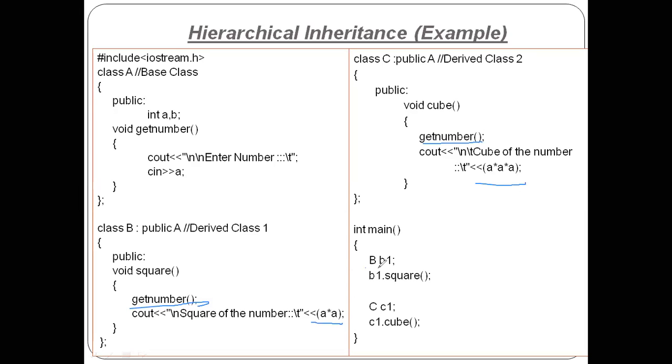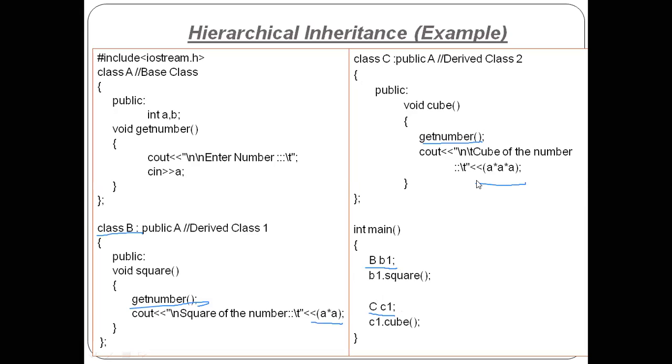First of all, we are going to create the object of the first derived class, class B, and the object of the other class, class C. With respect to each object, we are going to call both these functions, because they are available in different classes.